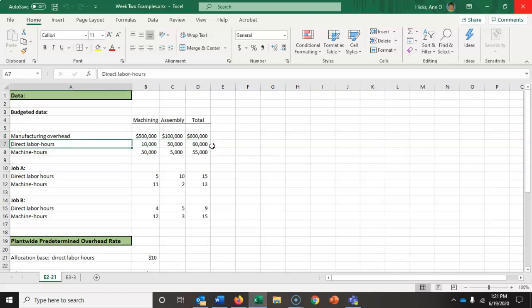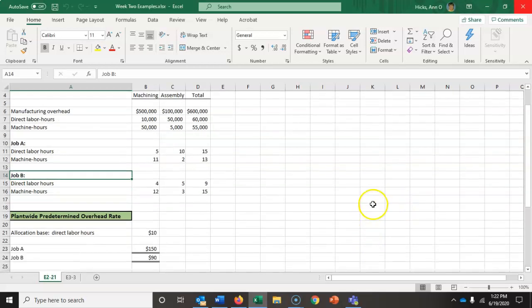Then we have identified for both departments and in total the number of direct labor hours and the number of machine hours. And then we've got two jobs that we need to allocate overhead for. And so for each of these jobs, we've identified the direct labor hours that have been incurred on the job and the machine hours. Here's job A and then job B.